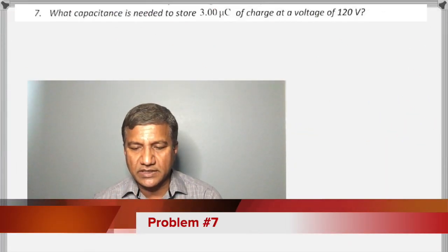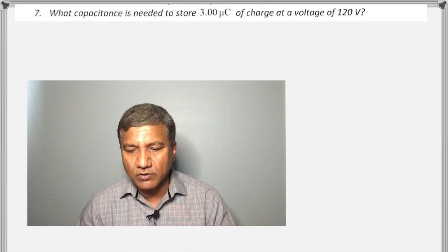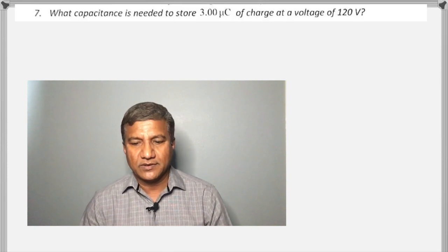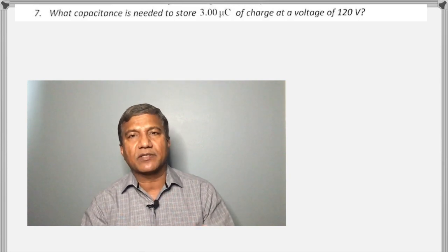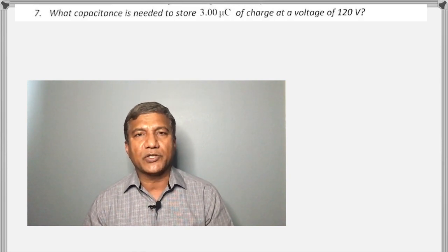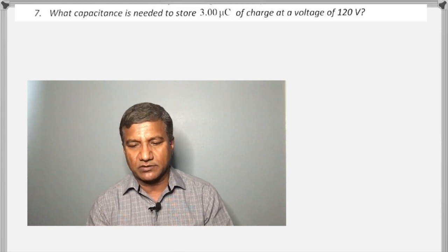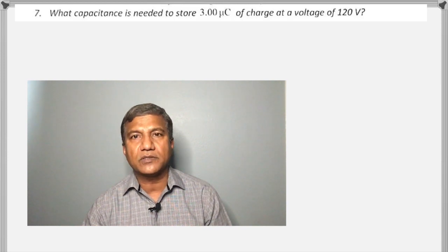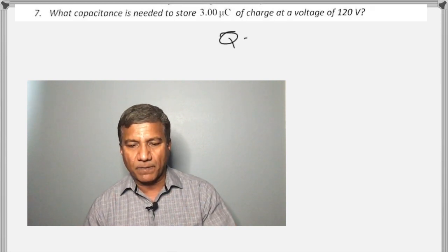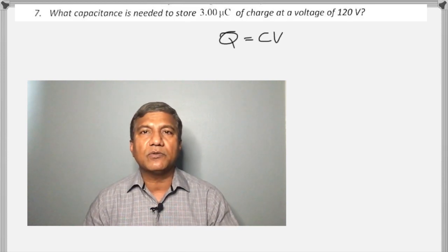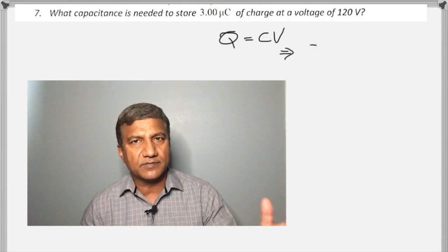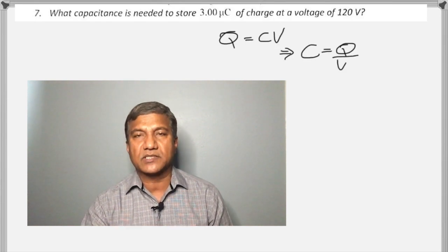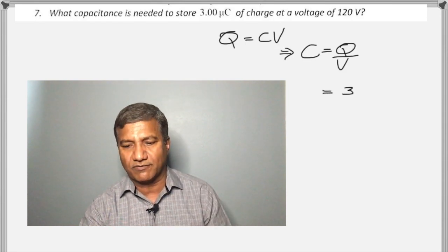What capacitance is needed to store 3 microcoulomb of charge at a voltage of 120 volt? So the charge is given, the voltage is given, and you're asked to find the capacitance. Pretty simple, straightforward. To find the capacitance, use the formula Q is equal to C times voltage, and then rearrange to get the capacitance as the ratio of the charge to the voltage.